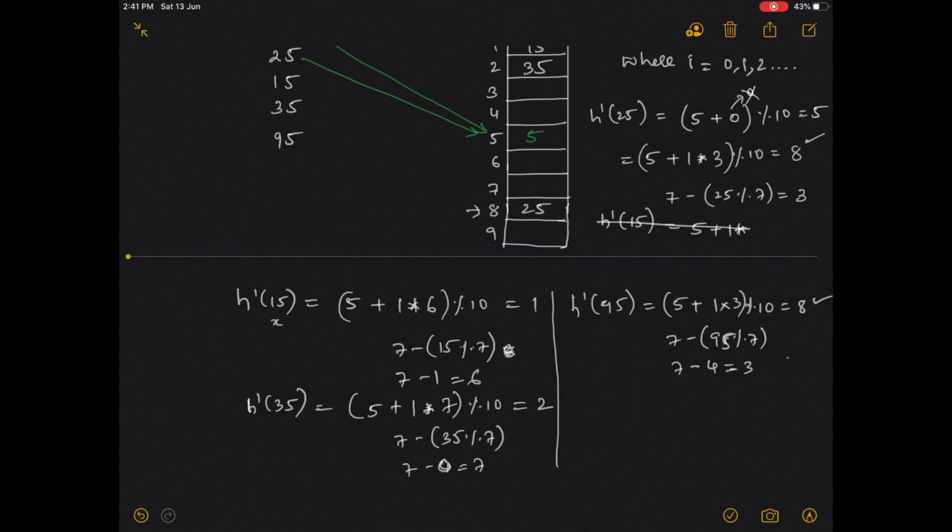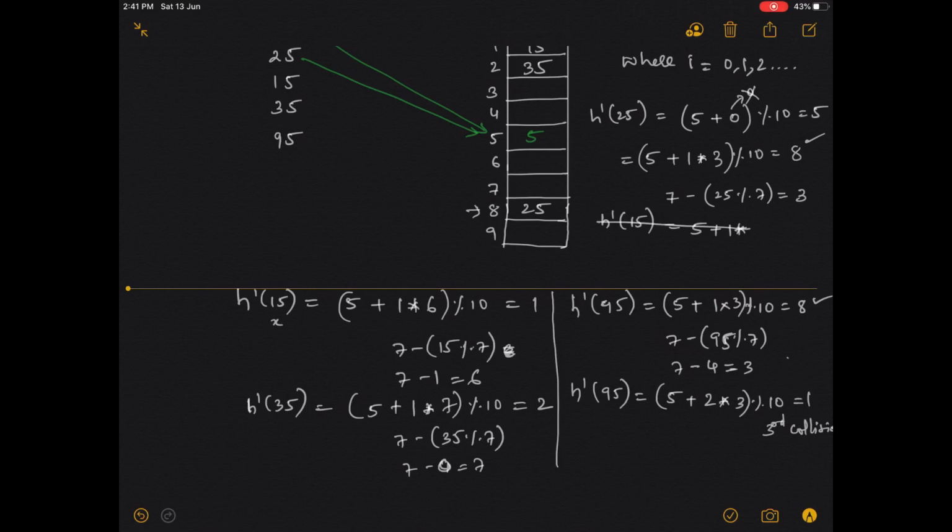So 95 can't be stored at index 8, so again we go for the next, that is 5 plus i becomes 2. Now 2 into 3 mod 10 is 1. Now again this is a third collision.